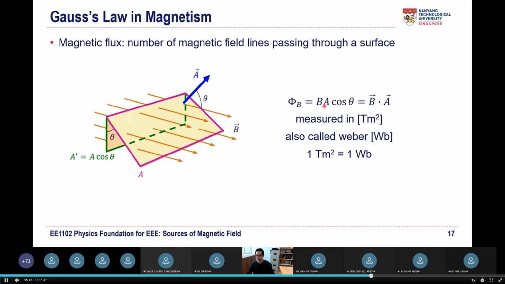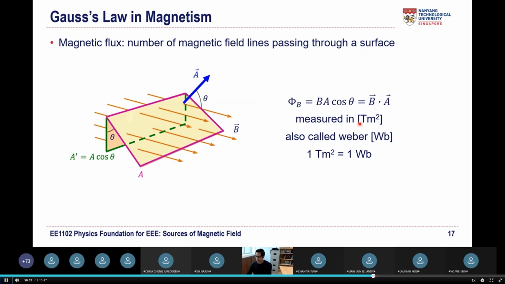Okay, so that's why we use cosine theta here. So the magnetic flux is going to be the dot product between the magnetic field vector B and the area vector A.